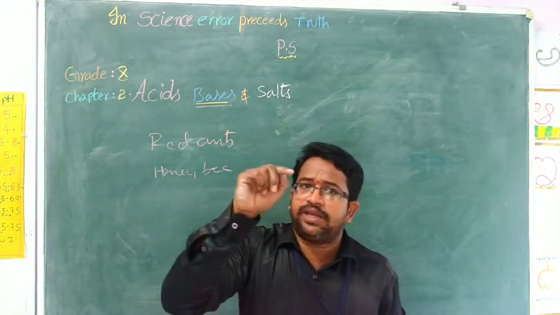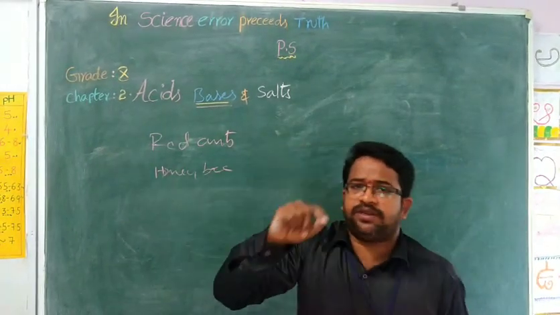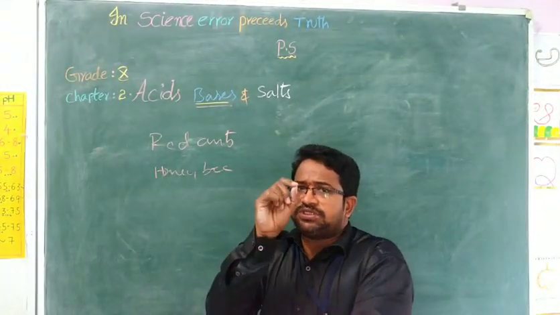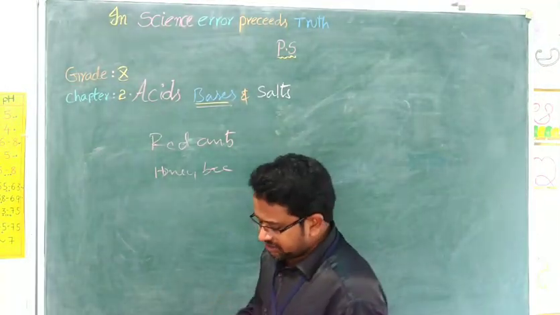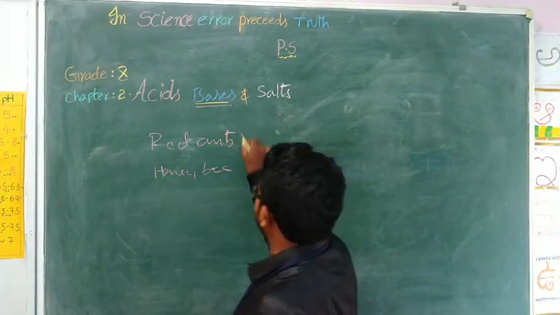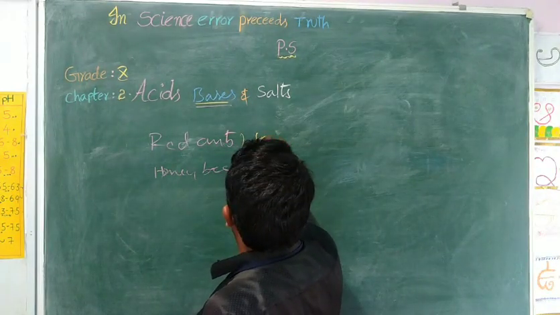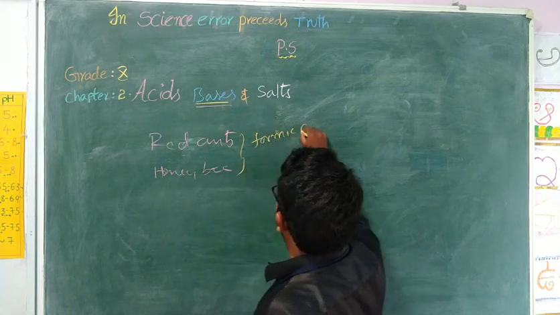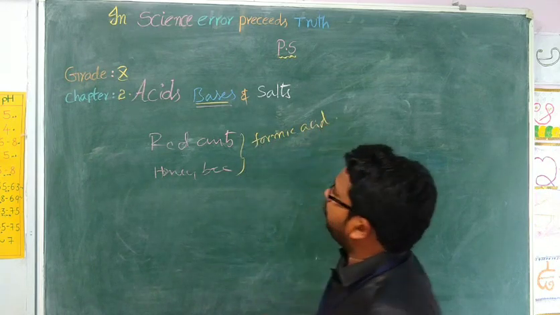Honeybees release a sting in our body when they bite us. In that sting, one acid is present. What do we call that? Formic acid.